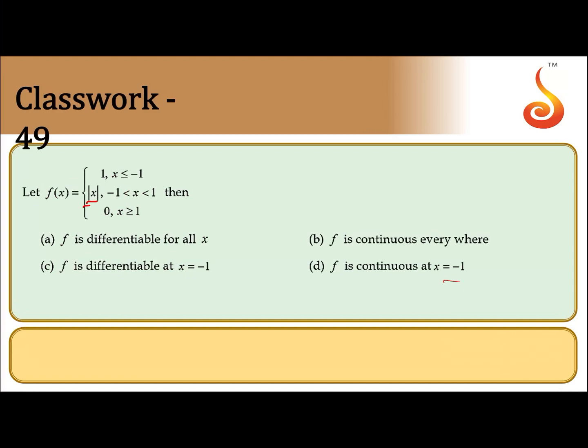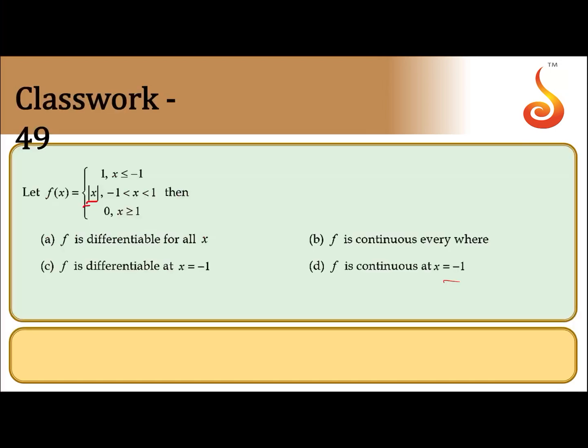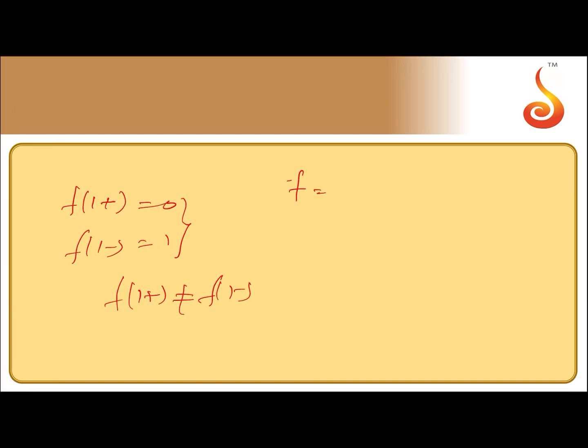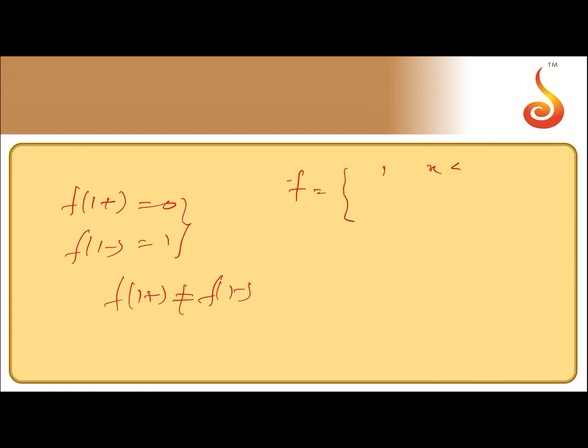Okay, and therefore, f is not differentiable at x equals 0. Clearly, you can see that at x equals minus 1, yes, it is not continuous. When I take up the differentiability, the function f of x is equal to 1 when x is less than or equal to minus 1, minus 1 when x lies between minus 1 and 0, plus 1 from 0 to 1, and 0 when x is greater than or equal to 1.